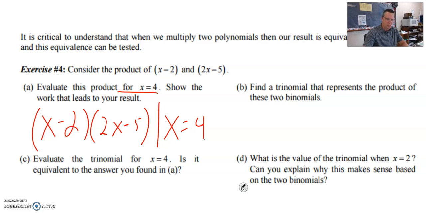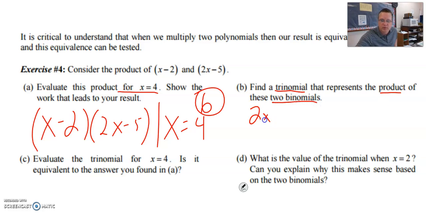It will give you the result of 6. That's perfectly fine. Now, the trinomial represents a product of these two binomials. That's not a foreign question; you'll see it on the Common Core exam. So we want a trinomial that represents the product of these two binomials.